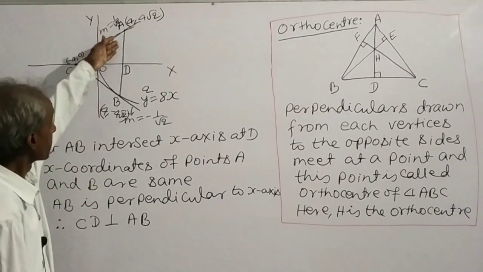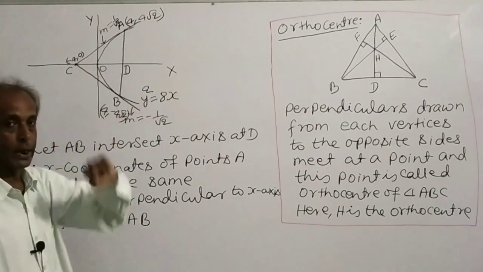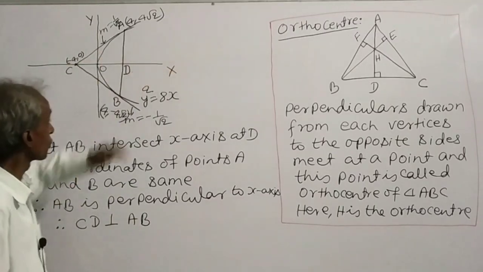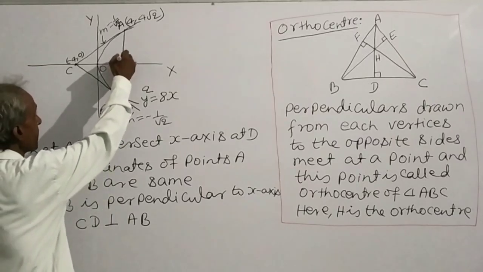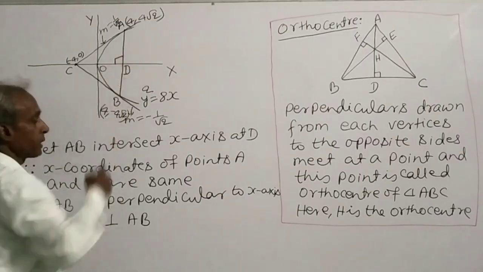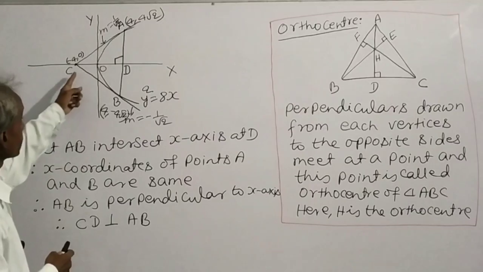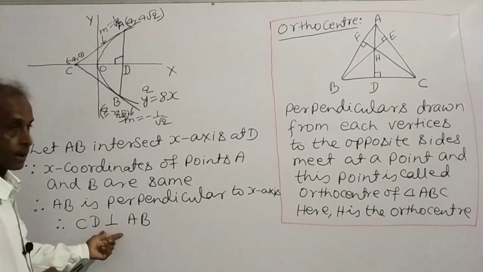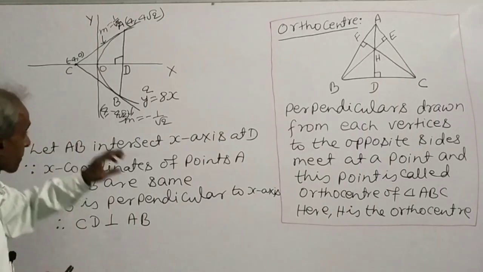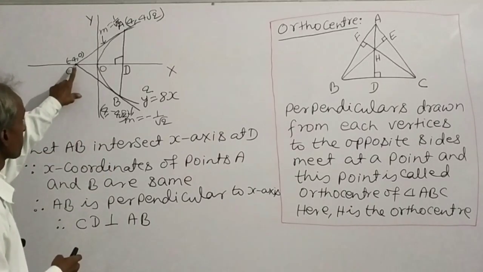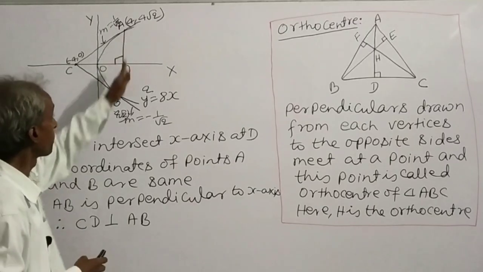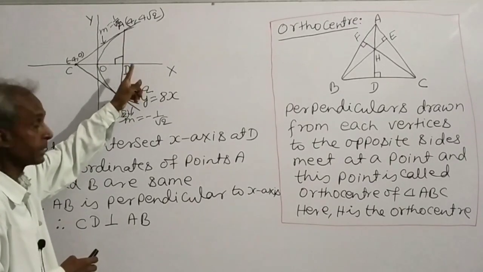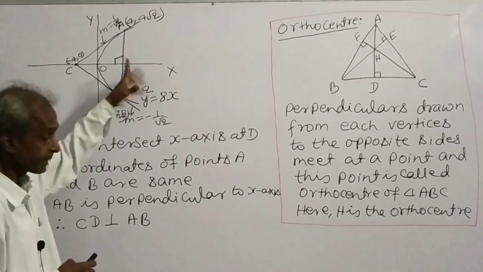That means AB is perpendicular to the x-axis. If AB is perpendicular to the x-axis, that means CD is perpendicular to AB. That means the perpendicular drawn from the vertex C to the opposite side meets at point D.